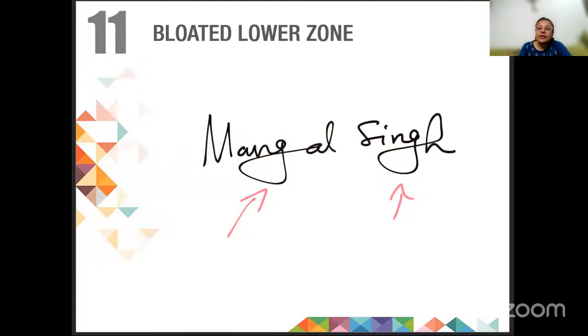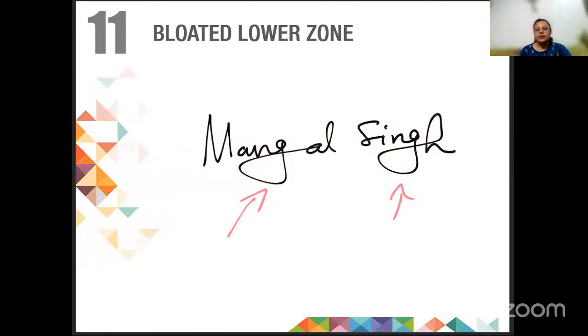They are doing everything what they want, but they are not meeting up that financial pace. So this is all about the loop which they are making in their lower zone. If your signature has an inflated loop in the lower zone, reduce its size. What you can do? You can reduce the size of your loop.